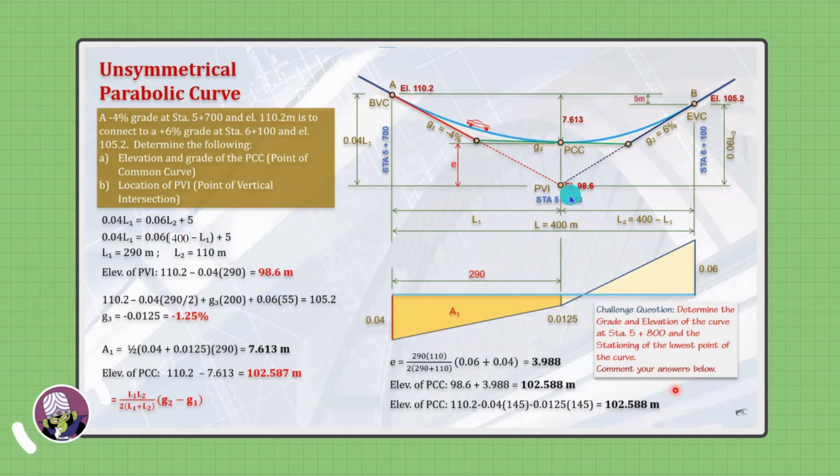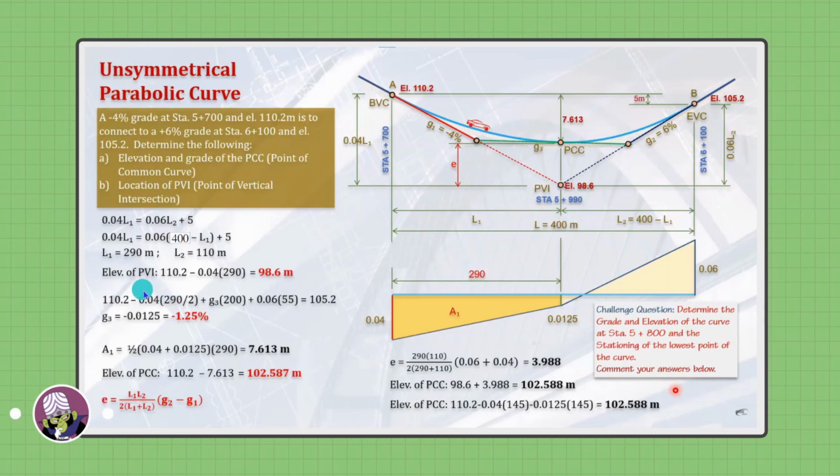So the elevation of the PVI is 98.6 meters. Next we need to get the location. In order to get the location, we just need to add STA 5 plus 700 by 290. Therefore, we have STA 5 plus 990.